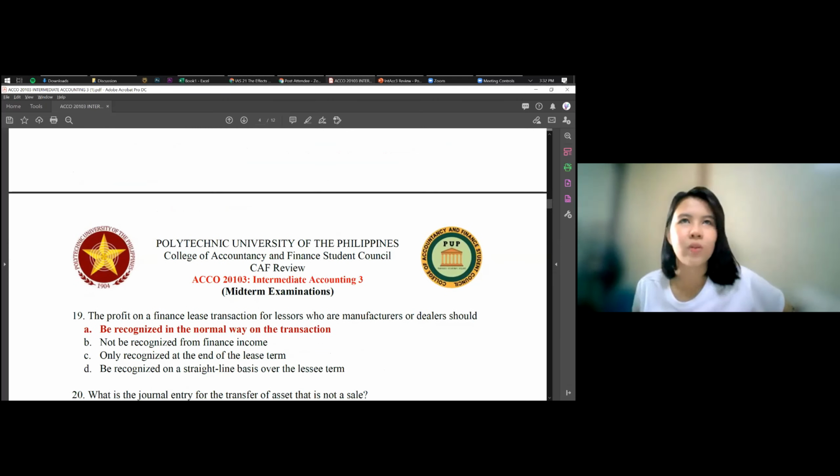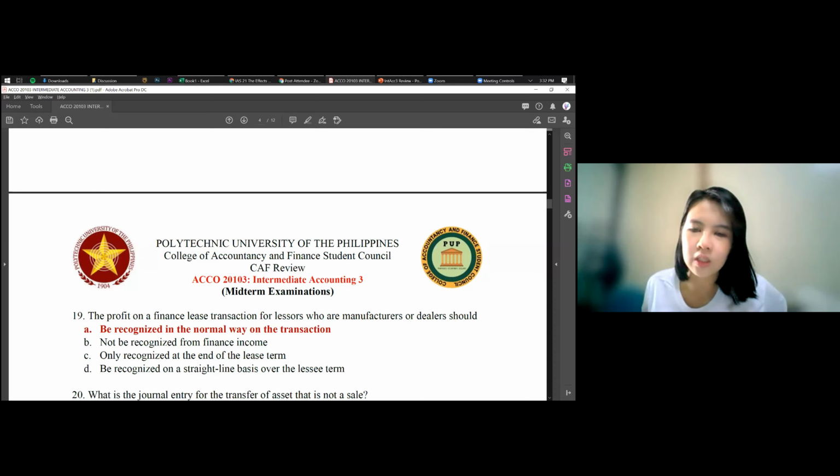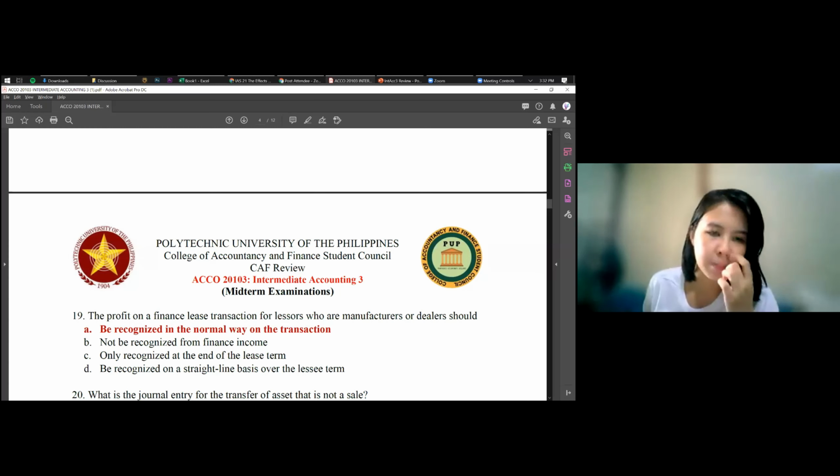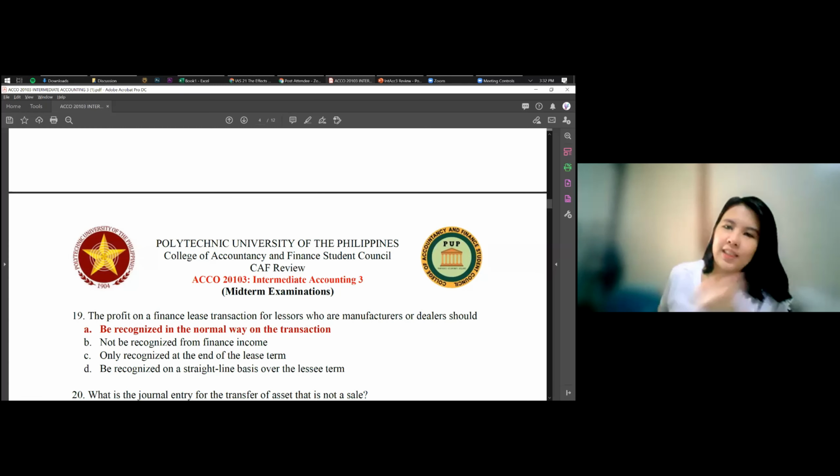And then, next entry, we will recognize the cost of it. Diba? Not be recognized from finance income. Of course, not, because we're talking about manufacturers or dealers lease. Only recognized at the end of the lease term? No. Be recognized on a straight line basis over the lease term? No, because that applies to operating leases.